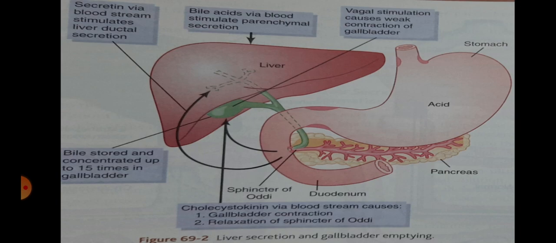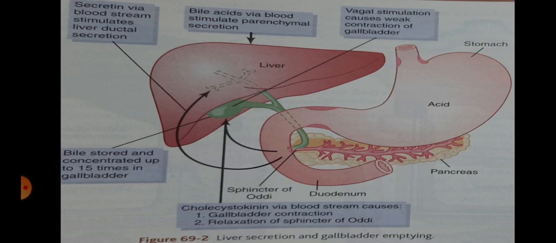This is the same cholecystokinin discussed earlier that causes increased secretion of digestive enzymes by the acinar cells of the pancreas, right?